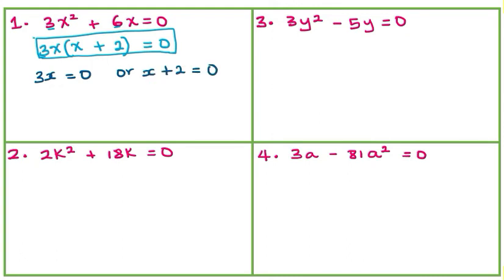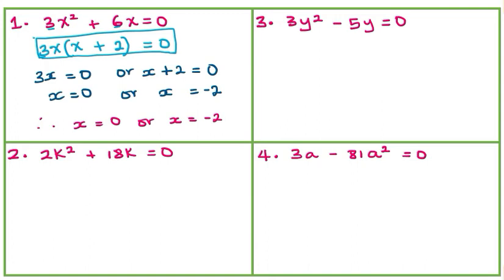And if we have 3x equals 0, it means that x is equal to 0. And for this case, it means that x equals negative 2 if we subtract 2 from both sides. So finally, we see that x is equal to 0, or x is equal to negative 2.